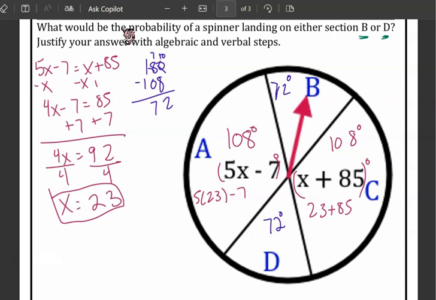There's 360 degrees in the full circle. And so to get the probability of B or D, you would add those two together and divide by 360.